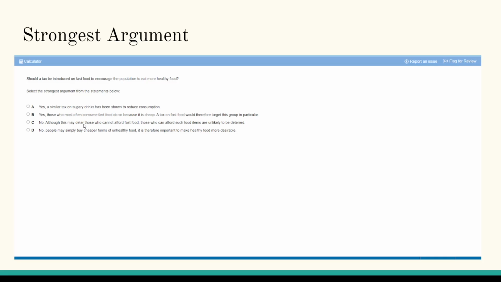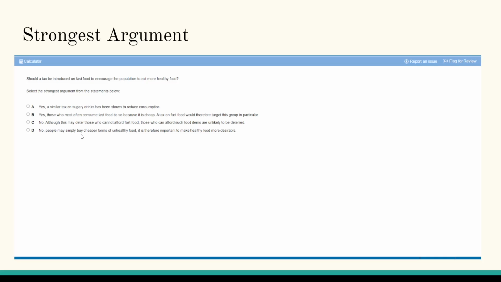We know that those who cannot afford may be deterred, and those who could afford would be unlikely to. But this does not suggest that those who cannot afford would be encouraged to eat more healthily. So in this case, it will be the final option, D.